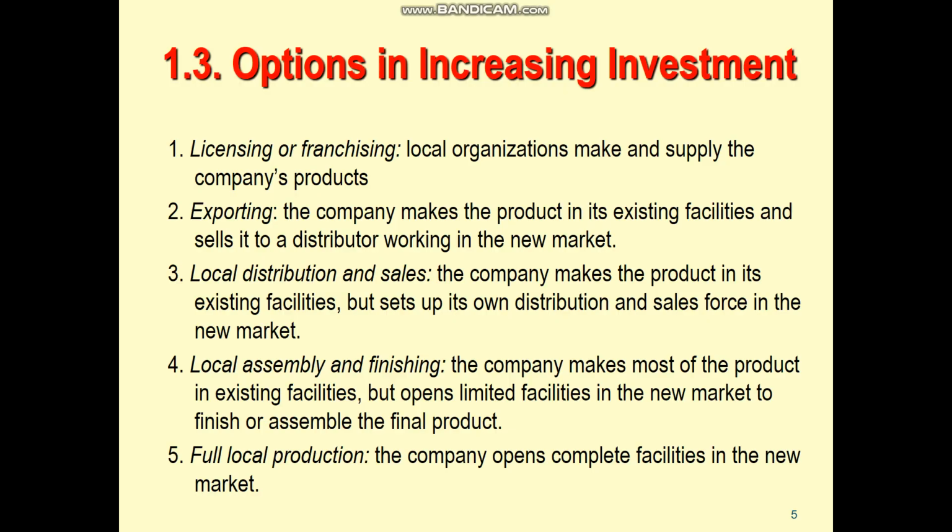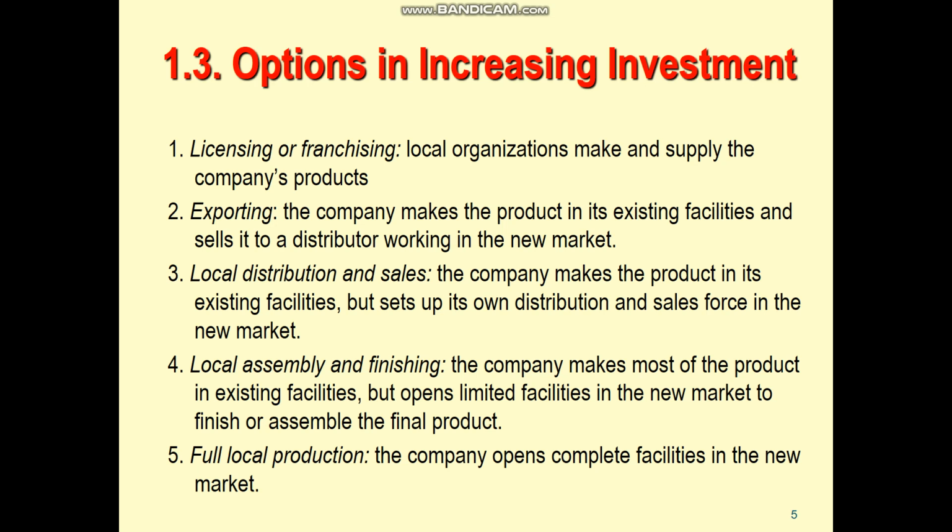When the company increases the investment and has to locate a new facility, we will go through 5 options for the company in increasing the investment. The first one is licensing or franchising. The second one is exporting. The third one is local distribution and sale.